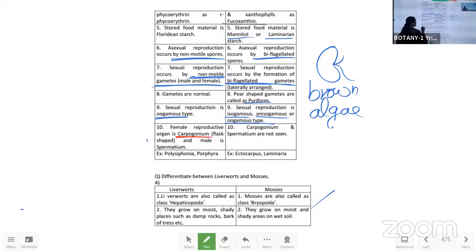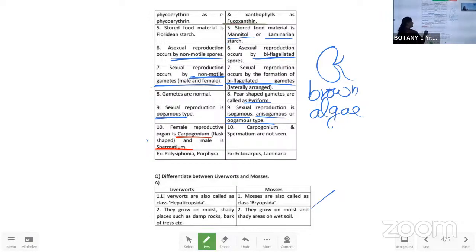And the male reproductive part is called the spermatium. Whereas in the brown algae, there is no such specification of the sex organs. The sex organs are not very well developed in the brown algae as in the red algae.